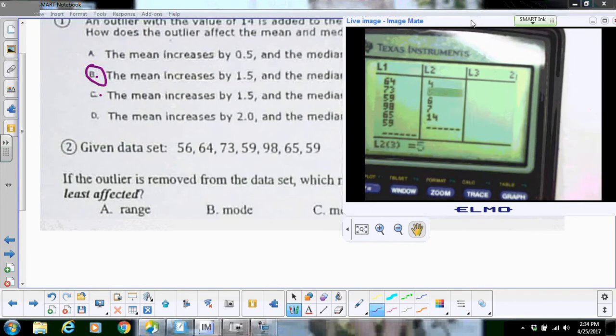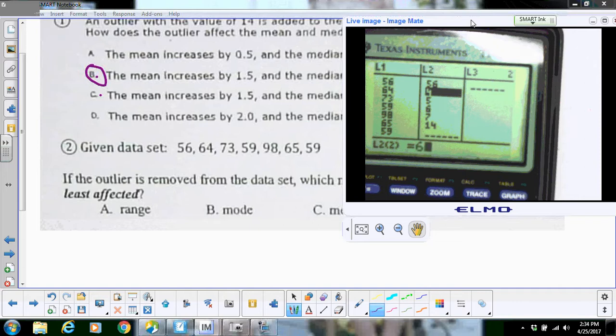And then in L2, I'm going to type the same stuff, but I'm going to remove the outlier, which in this situation is going to be the 98.